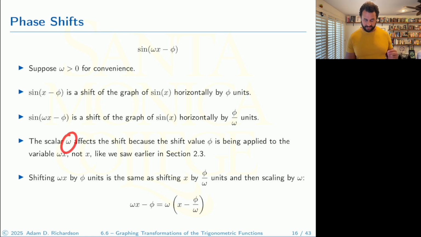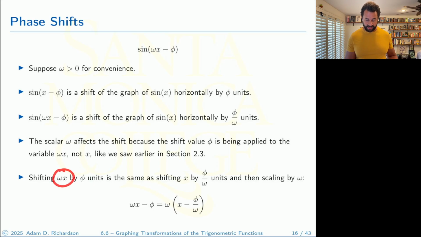But what's happening is the scalar omega is affecting the shift because the shift value phi is being applied to omega x, not just x, just like we talked about back in section 2.3. This phi is being subtracted from omega x, and we're not plotting omega x on the x-axis, right? This is the x-axis, not the omega x-axis.